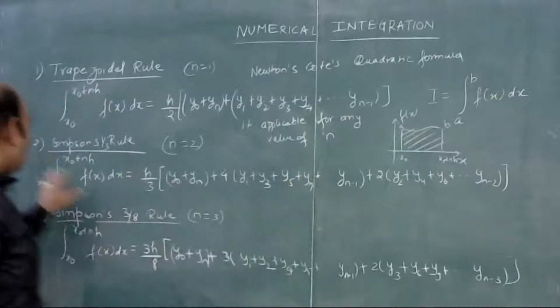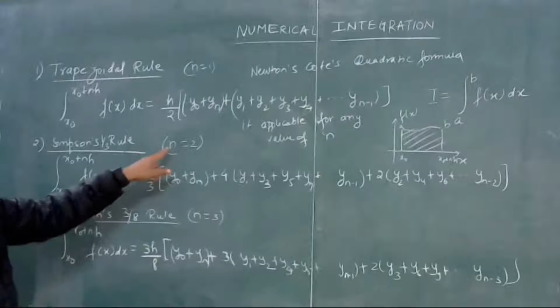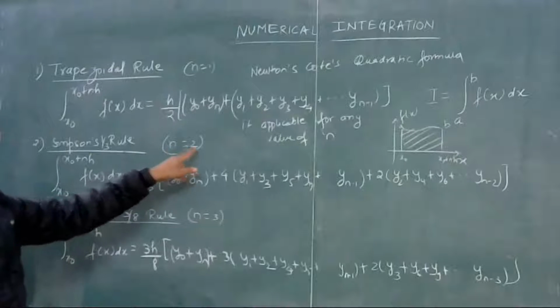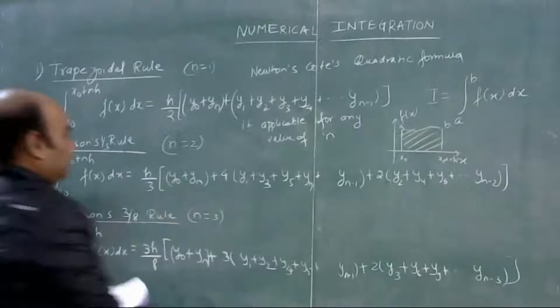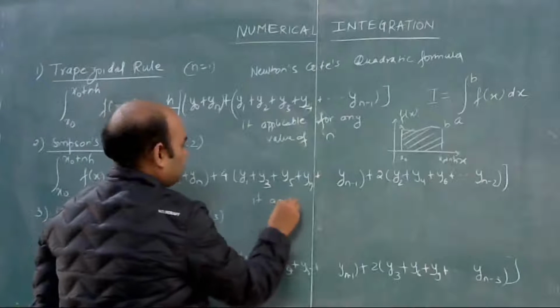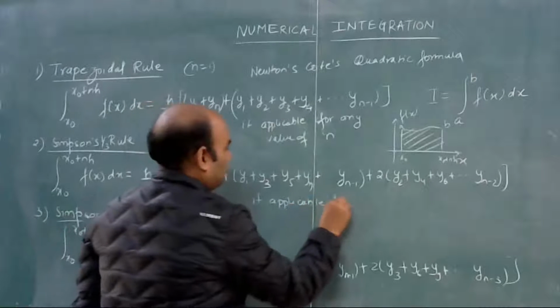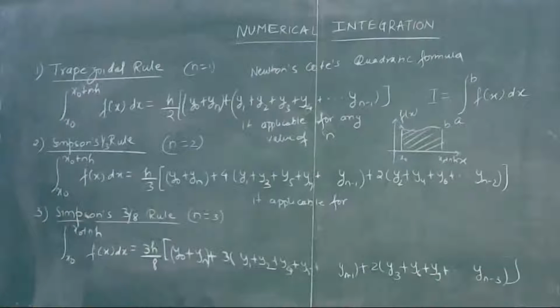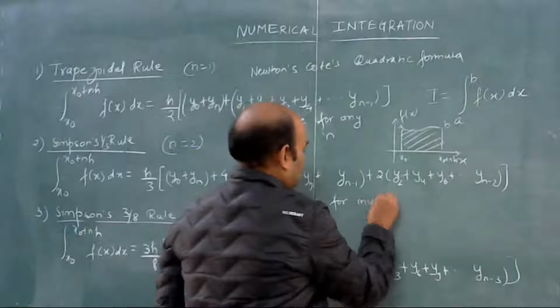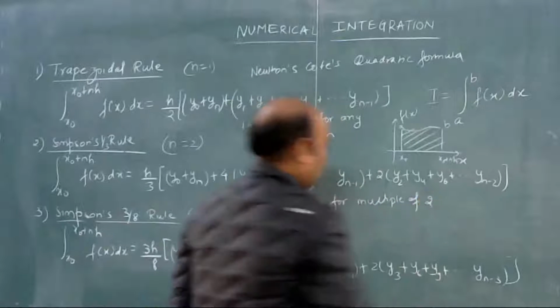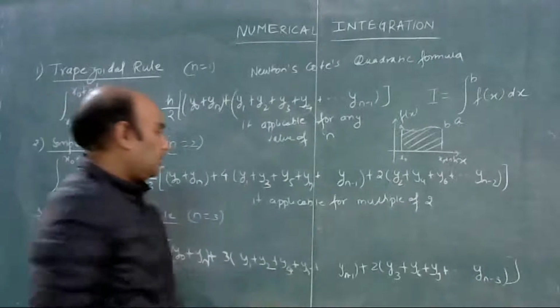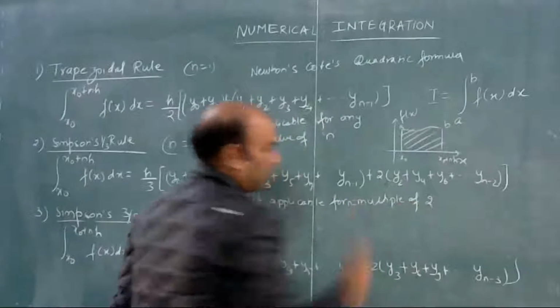And this Simpson rule, we got when we substituted n is equal to 2, so this is applicable for n equal to a multiple of 2.